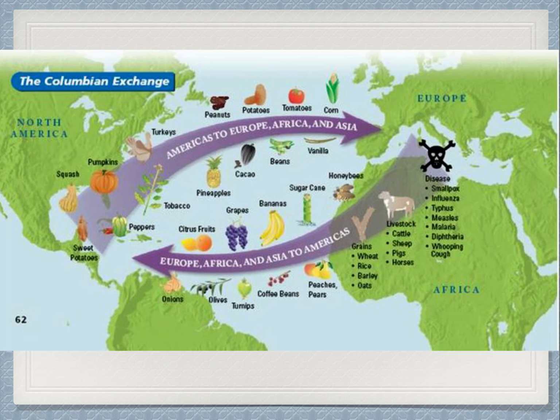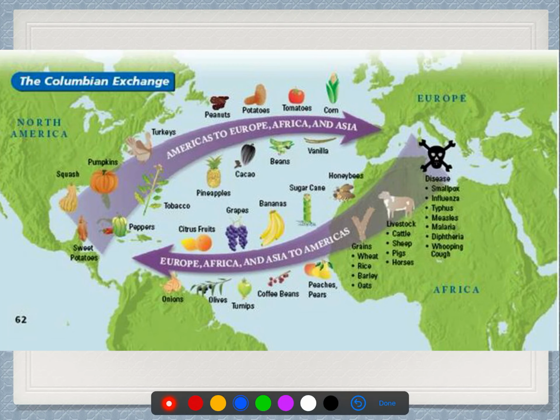The Columbian Exchange. Make sure that you are incredibly familiar with the Columbian Exchange. So this has to do with the sort of trading of goods back and forth from Europe to the New World, from the New World back to Europe. So what sorts of things are being taken from the European side here to the New World?